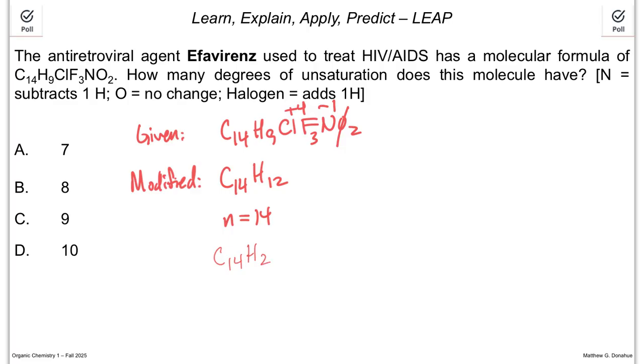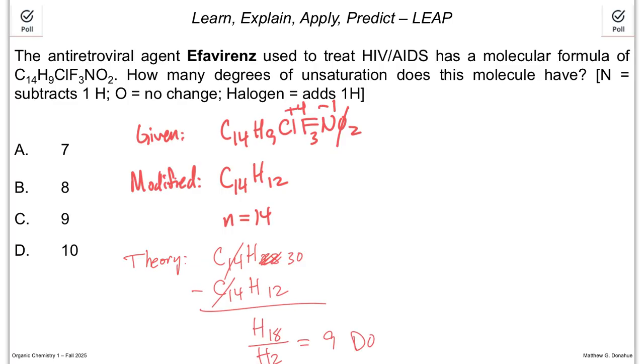So that should be what, 28? No? 30? So that's the theory, or the max number of hydrogens. So we should get 9 degrees of unsaturation.